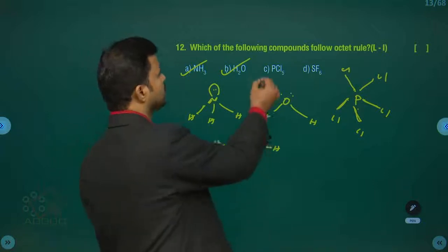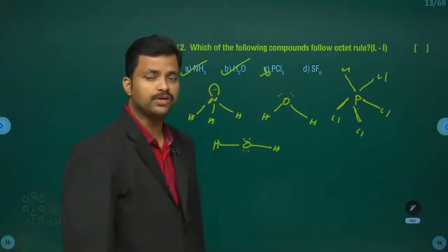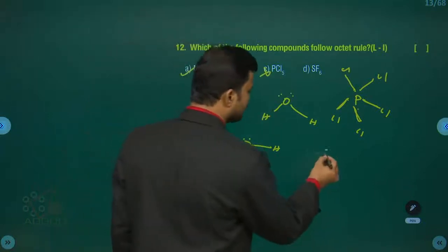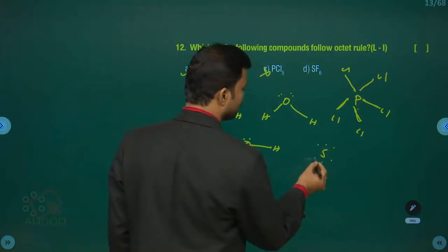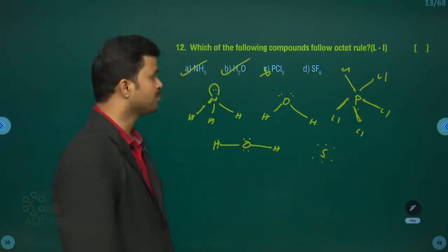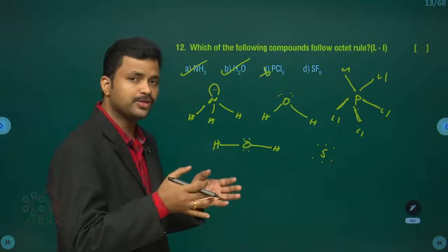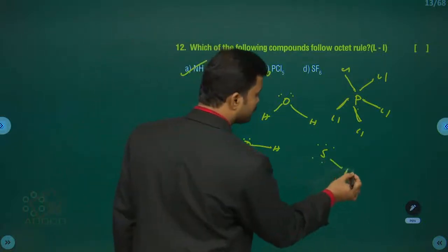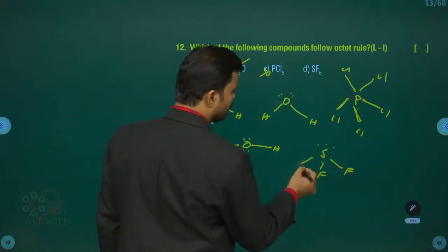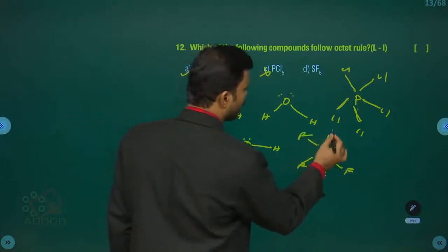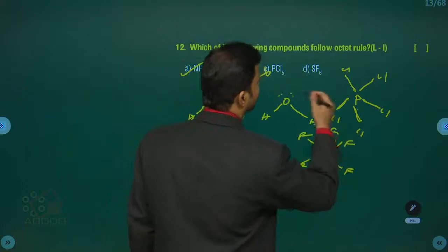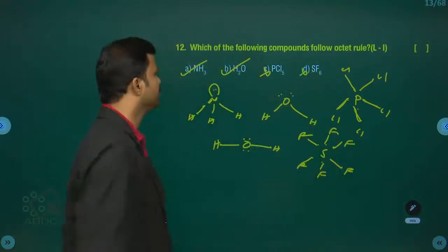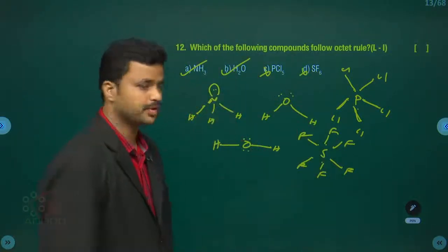So this is not the answer. Sulfur is a 6th group element, with 6 valence electrons. After bond formation, every fluorine is giving 1 electron. The bond pair belongs to both atoms. So the sulfur has 12 electrons. This is not the answer. A and B are the answers for it.